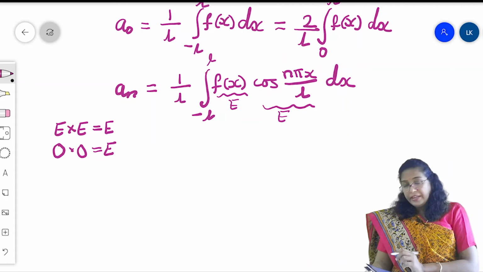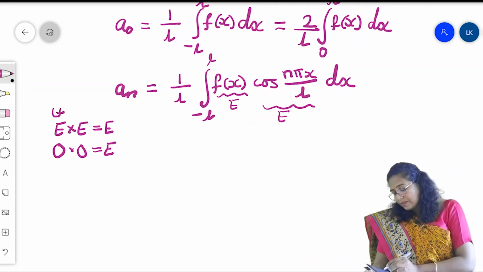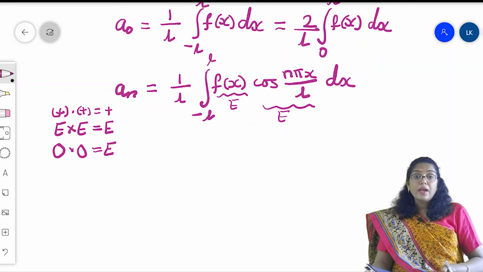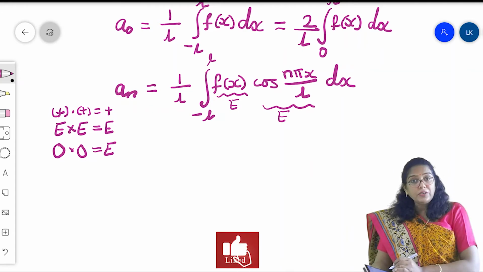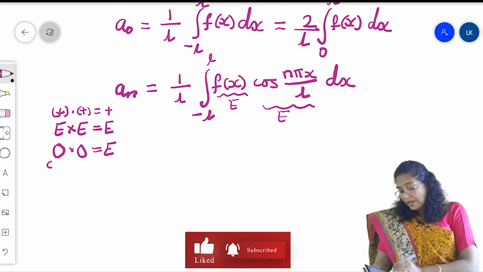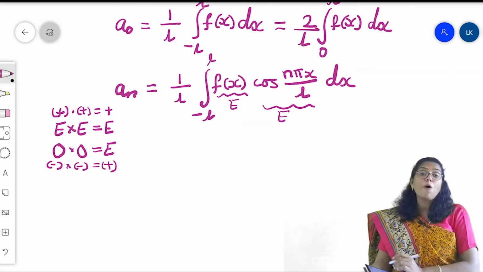If we take the notation for an even function as a plus sign, then plus into plus is plus. And for an odd function, if we take the notation as a minus sign, then minus into minus is always plus. That means odd into odd is always even.